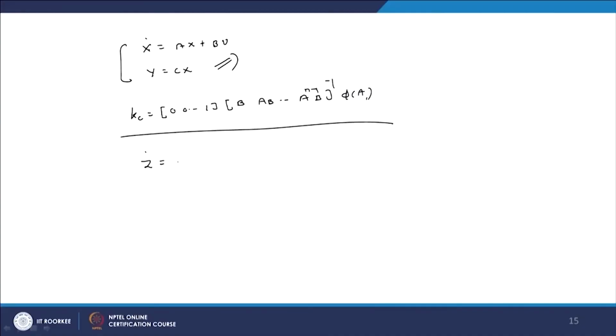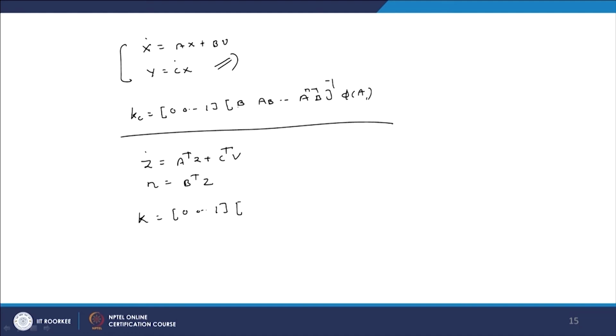For the dual system, Z dot equals A transpose Z plus C transpose V, n equals B transpose Z. If we compare this, from this we will get K equal to 0 0 0 1.